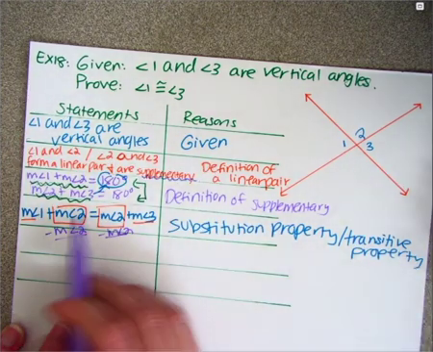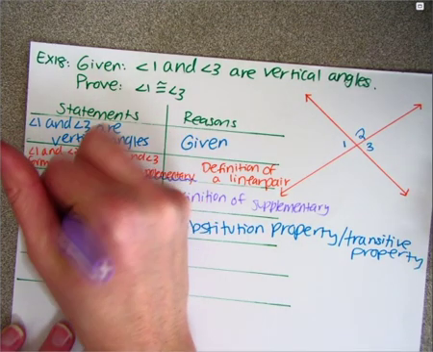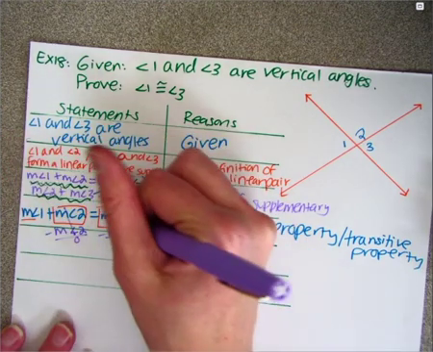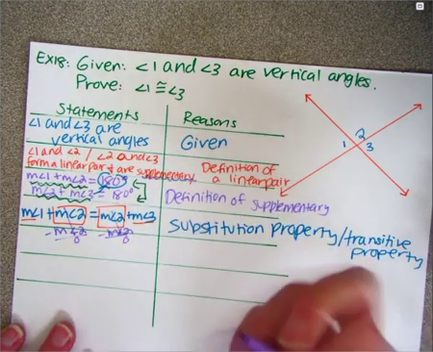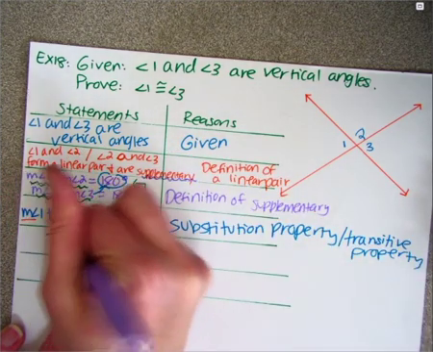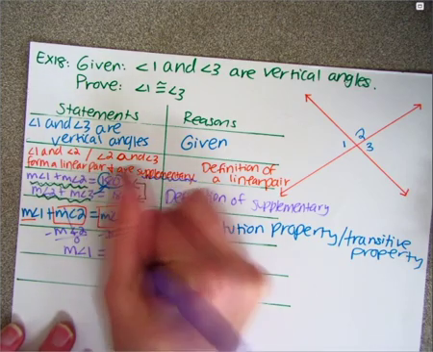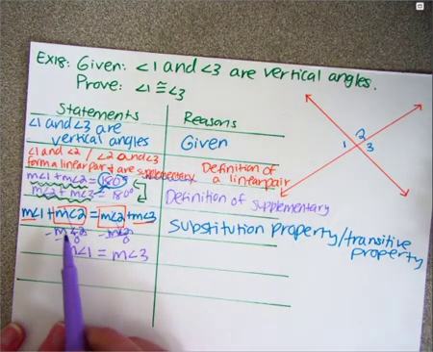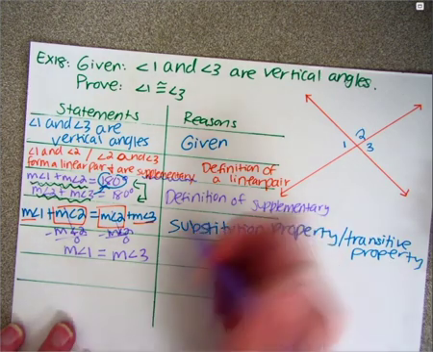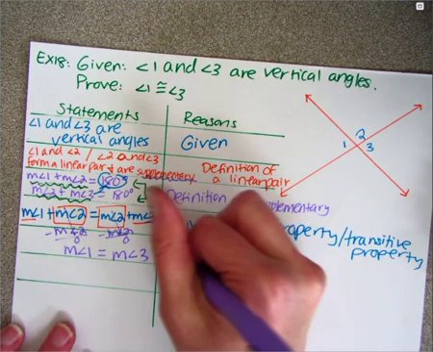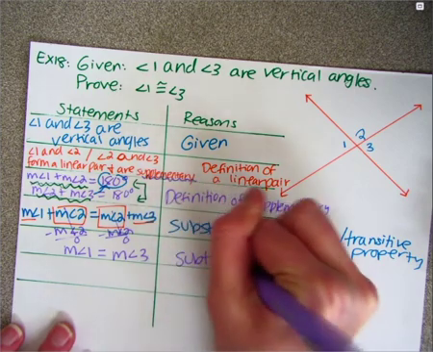So the measure of angle 2 minus the measure of angle 2 will cancel and turn to 0. The measure of angle 2 minus the measure of angle 2 will also cancel and turn to 0. So I'm left with the measure of angle 1 equals the measure of angle 3. And since I subtracted the measure of angle 2 on both sides of my equation, that means that I use the subtraction property.